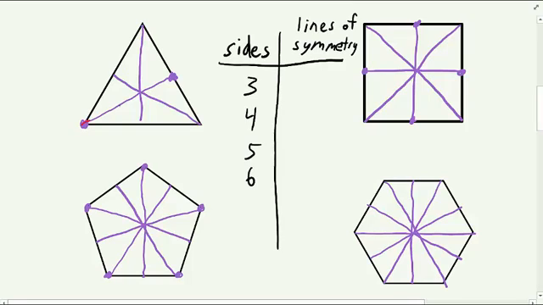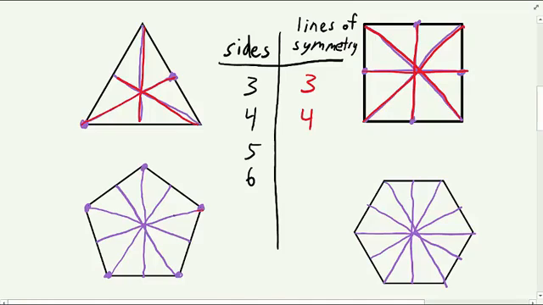The equilateral triangle had 1, 2, 3 lines of symmetry. The square had 1, 2, 3, 4 lines of symmetry.